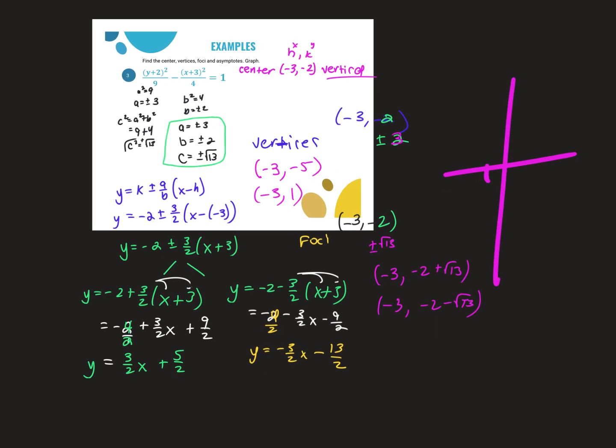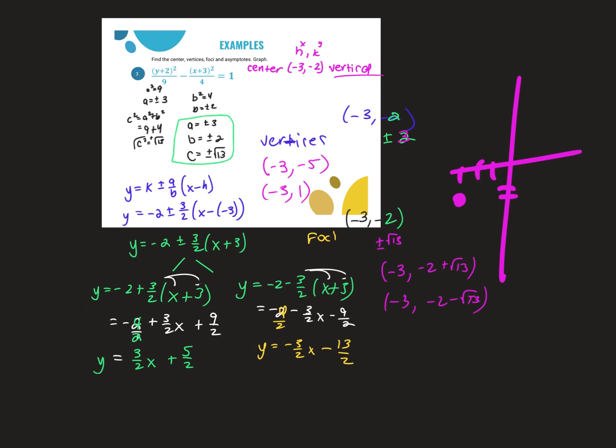Negative 3, negative 2 is my center, so there-ish. My negative 3, negative 5: 1, 2, 3, 4, 5. Negative 3, 1. So there, my vertices, right? My foci is going to be a little bit outside of that.